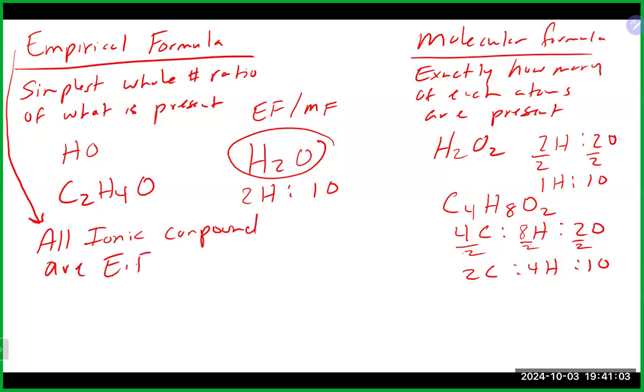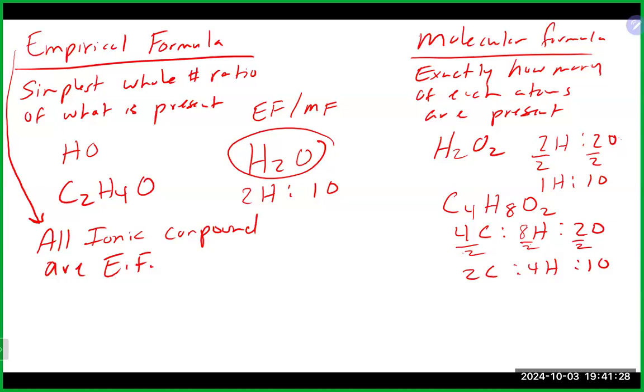If you think about an ionic compound, when you write the formula for it, you want to put it together so that you end up with the simplest way to get to 0, where they're all whole numbers. So all ionic compound formulas are always going to be empirical formulas, reduced down to the simplest whole number ratio that's present. Any questions on that?